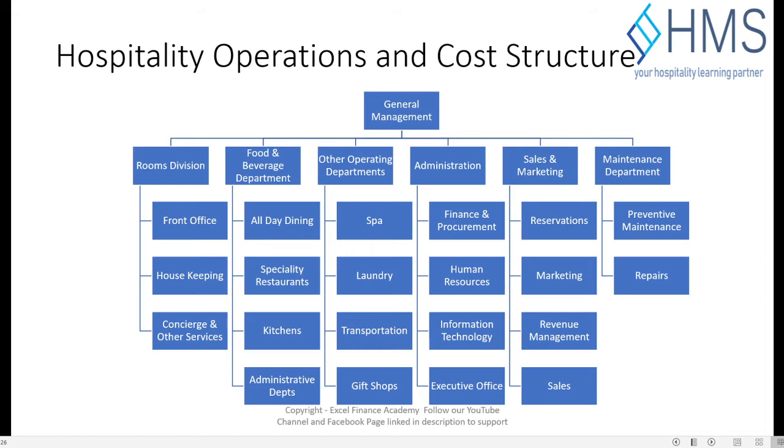But certain restaurants are so small that they don't need a separate kitchen. Usually it's also beneficial for the hotel to combine certain parts of the kitchen. For example, you don't need a cold kitchen for every type of restaurant, because the basic needs are the same. You may not need a butchery section for each kitchen.